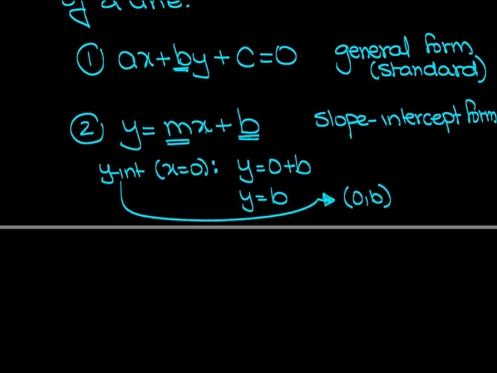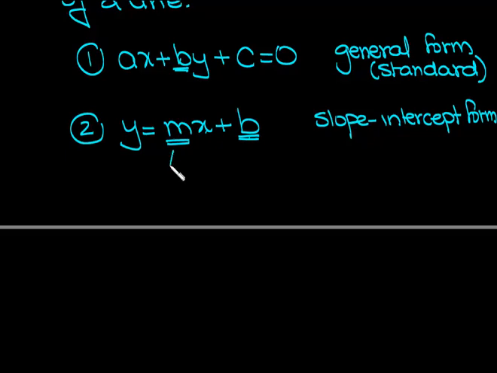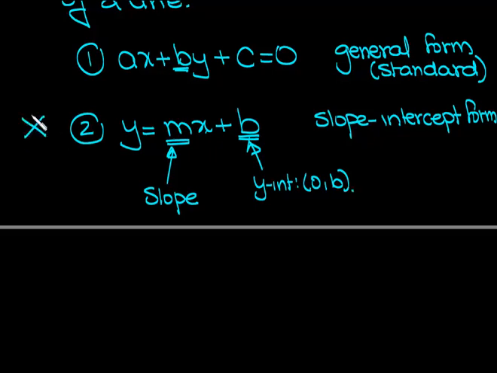When you write it in the slope-intercept form, not only do we know the slope, but we also know the y-intercept. Those are important things. Let me write that down: this is my slope, and this is the y-intercept (0, b). I always prefer the equation of a line in this form because it gives you a lot more information.